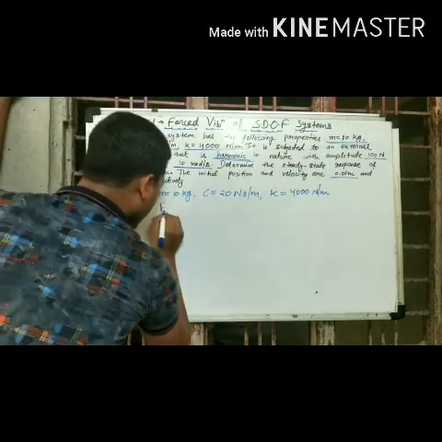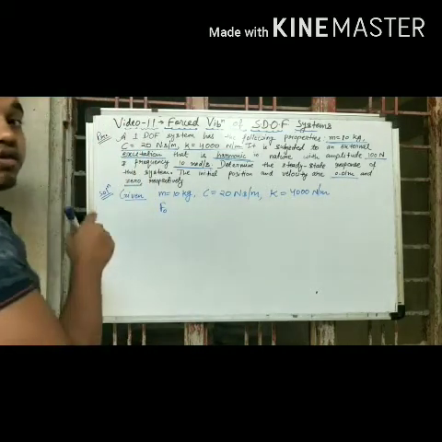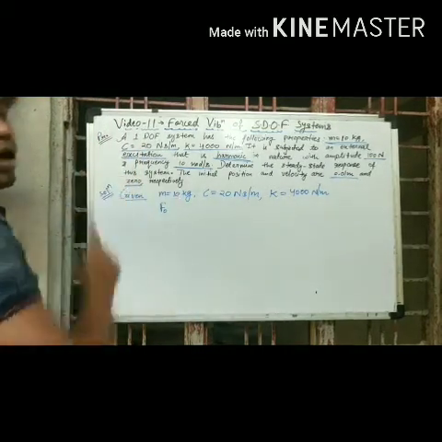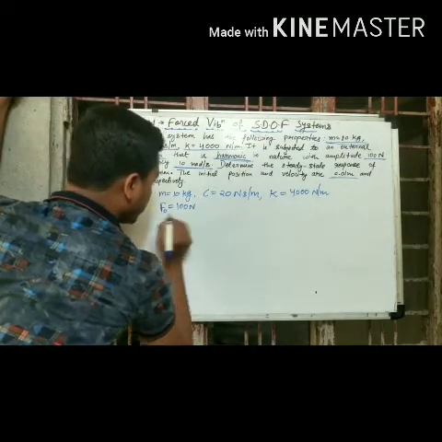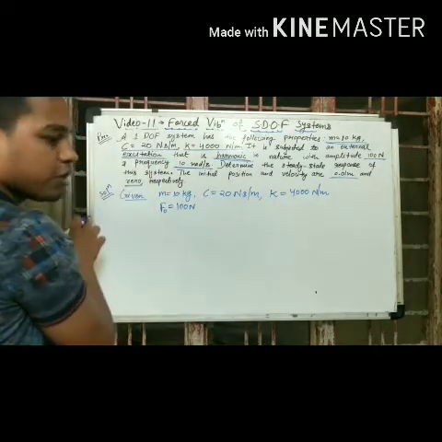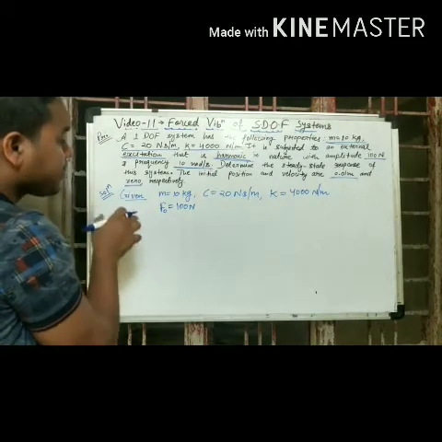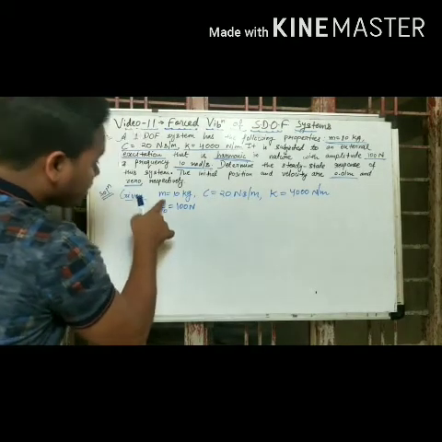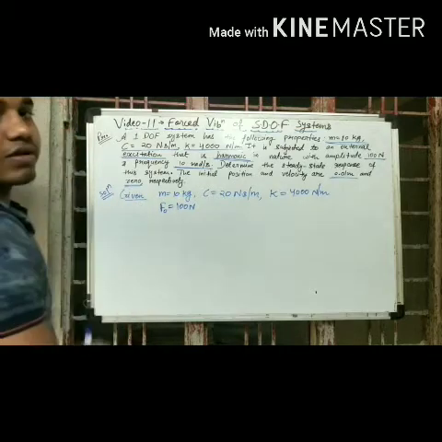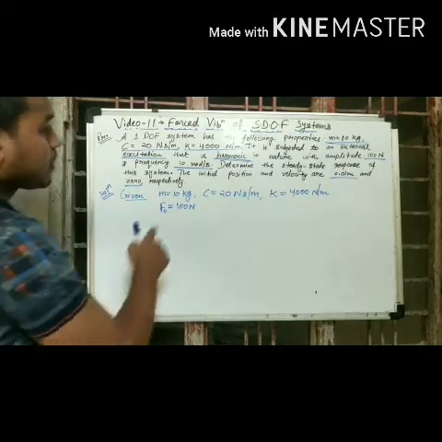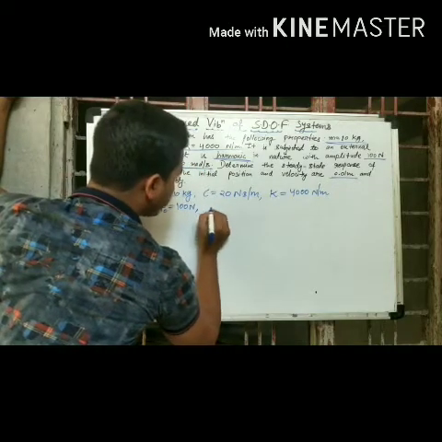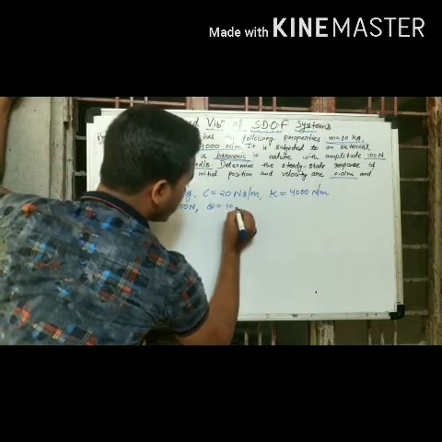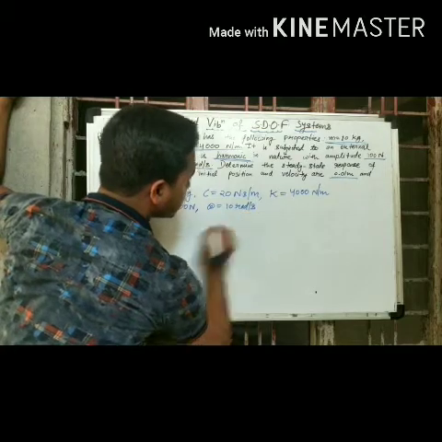The amplitude of the harmonic excitation, F0, the constant force value of that harmonic excitation force, is equal to 100 Newton. Now the frequency of the harmonic excitation is given as omega, 10 radian per second.